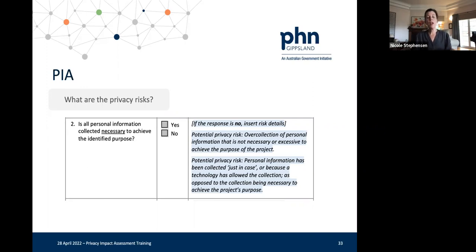So one of the privacy risks that may arise out of the privacy impact assessment process will be if you answer yes to question 2 in your privacy impact assessment checklist, which is: is all personal information collected necessary to achieve the identified purpose? So if you answer yes, that's fantastic, right? So if you think that date of birth is necessary to achieve the purpose, I will just ask you to think again, because it potentially isn't, right?